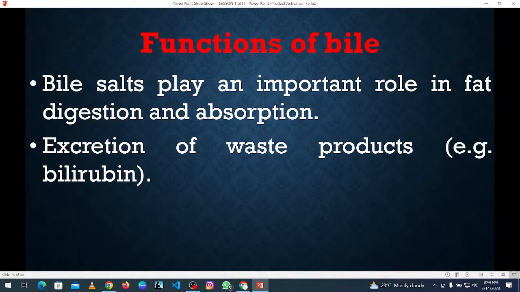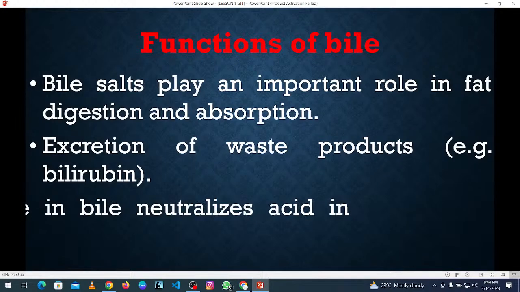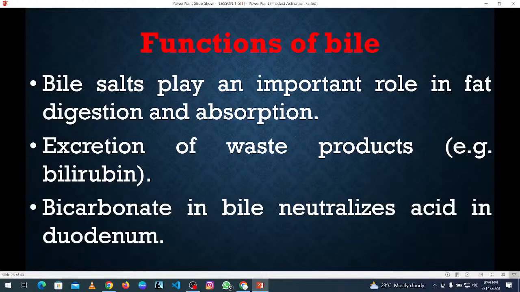Excretion of waste products, e.g., bilirubin. We have bicarbonate in bile, which neutralizes acid in the duodenum. This one we had seen. These functions we had seen, and so we can just read them.